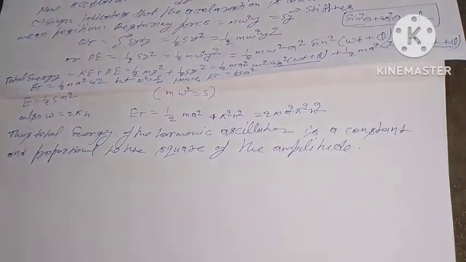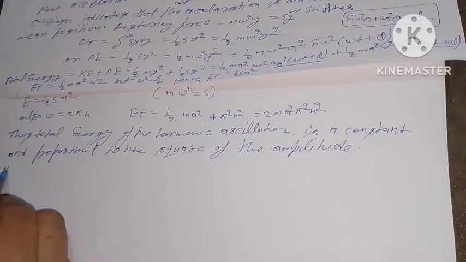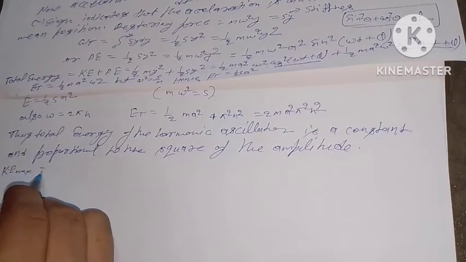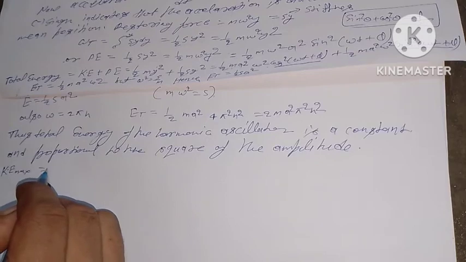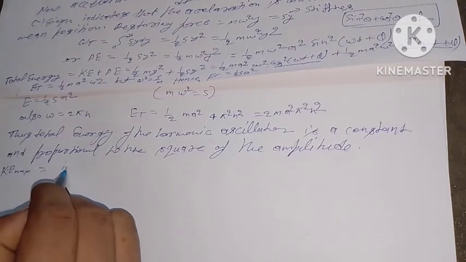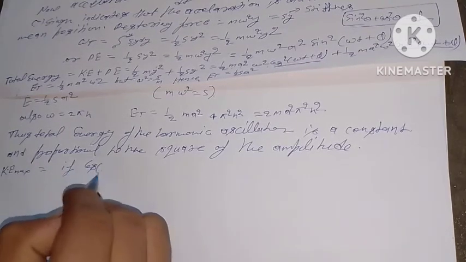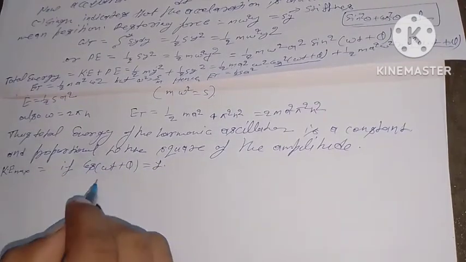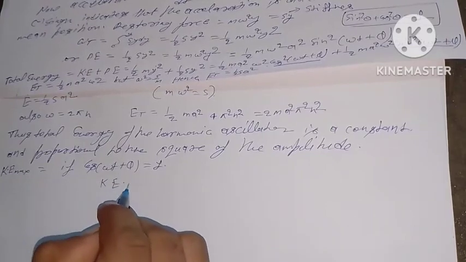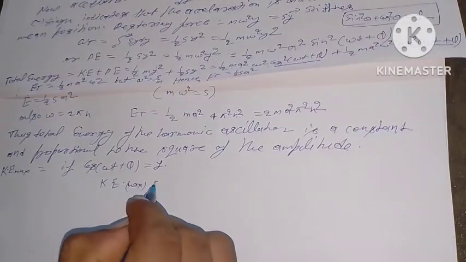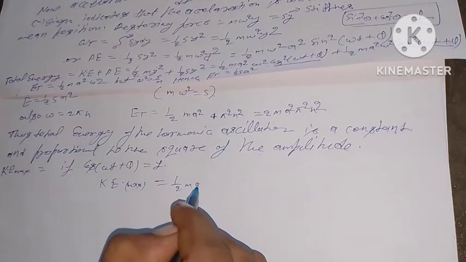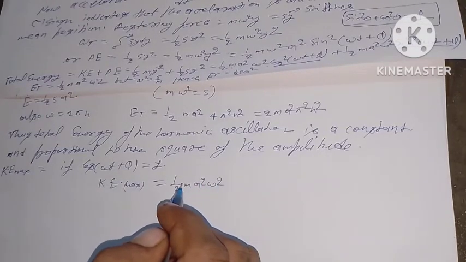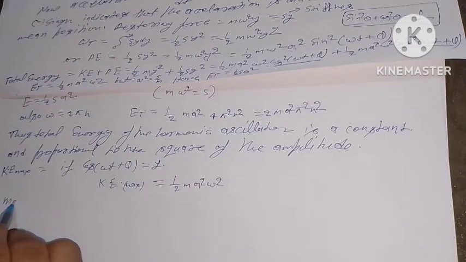Okay, maximum kinetic energy. The maximum value of kinetic energy for cos(omega t plus phi) equal to 1 is given by KE max equal to 1 upon 2 m a square omega square, and maximum potential energy.